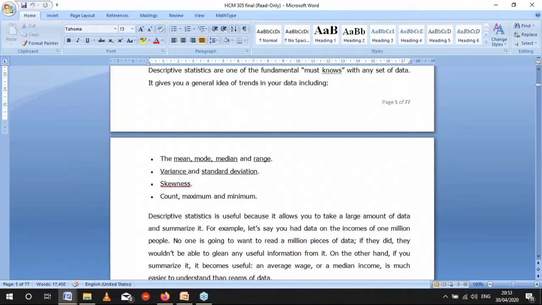Now, we are coming to variance. Variance is defined as the average of the squared differences from the mean.